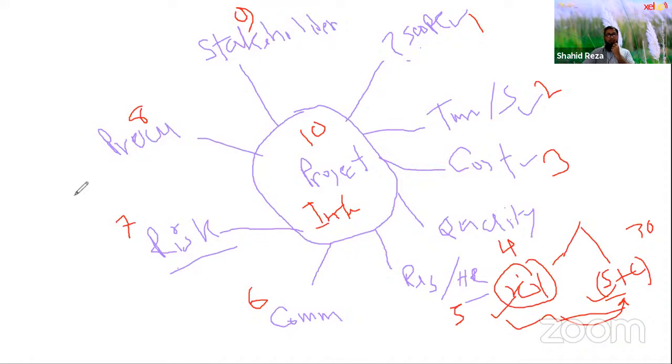If you ignore anything, you cannot get the actual project output. So that's why you have to focus on these 10 aspects, things, areas or disciplines in every project. From there, the idea of knowledge areas comes up.